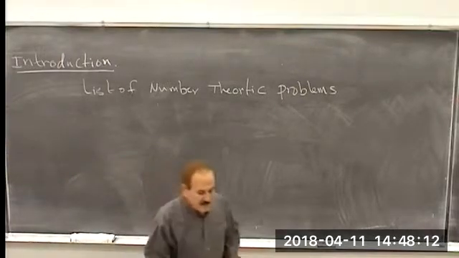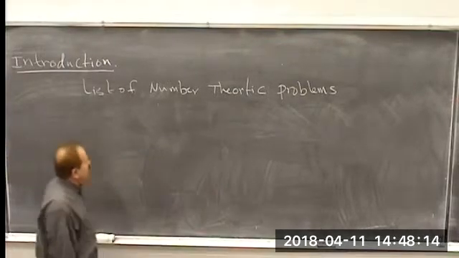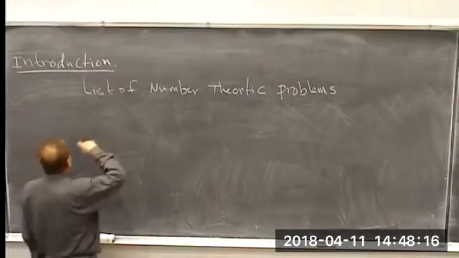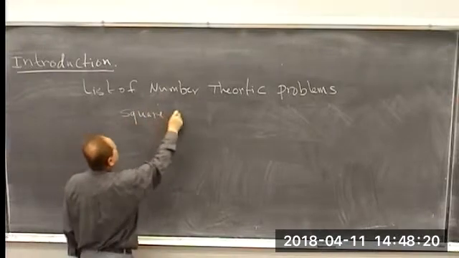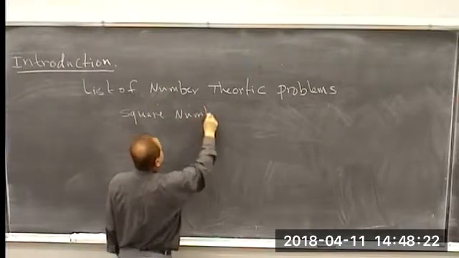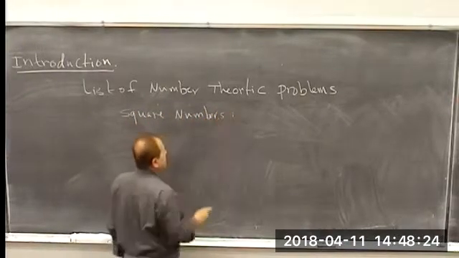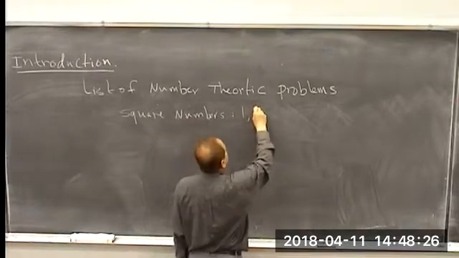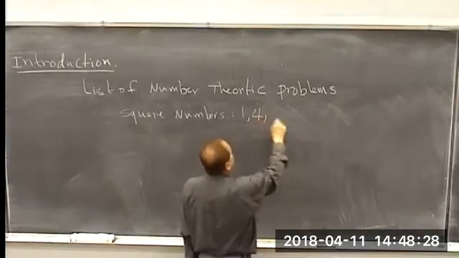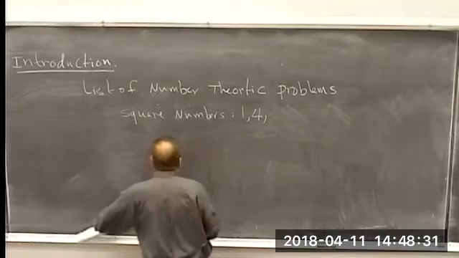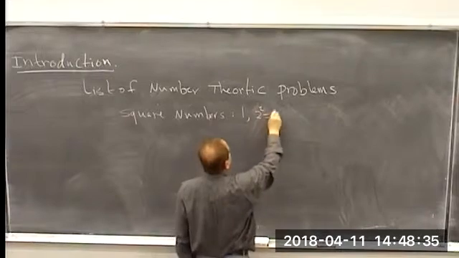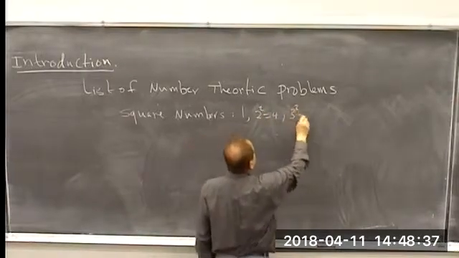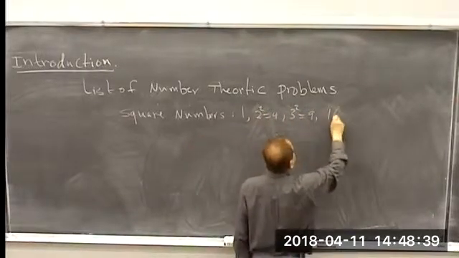As you all know, we can classify numbers as square numbers. These are 1, 4, which is 2 squared, then 3 squared, 9, and so on.